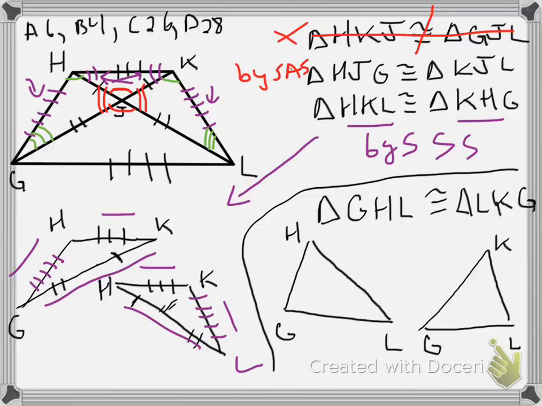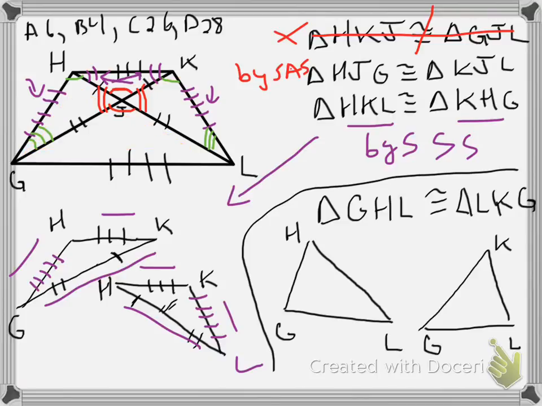The last answer choice asked about triangle GHL and triangle LKG. We want those two triangles. Okay, so I redrew them down here, but I've got to transfer the information.